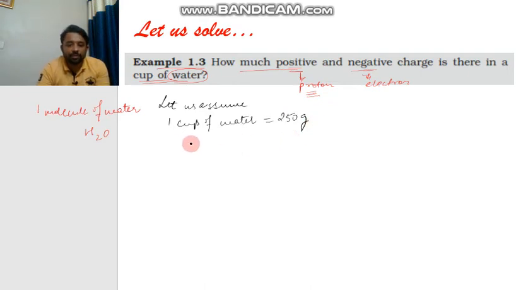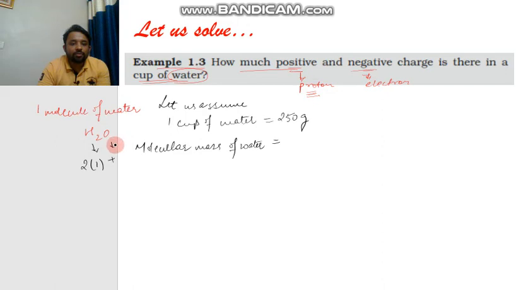We have just assumed that. Now we need to find how many molecules of water there are in 250 grams of water. So we know that the molecular mass of water is, the atomic mass of hydrogen is 1. We have 2 hydrogens, so it is 2 into 1, plus the atomic mass of oxygen is 16, so it comes out to be 18. The molecular mass of water is 18.